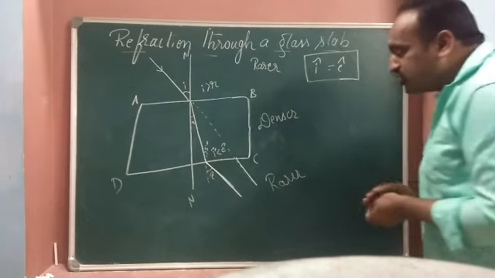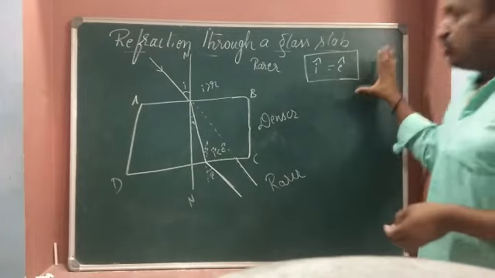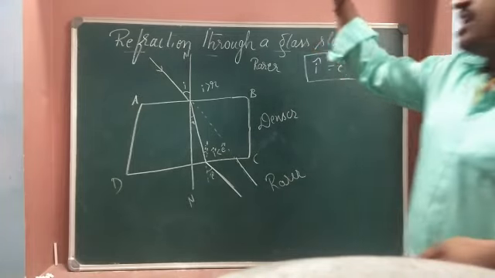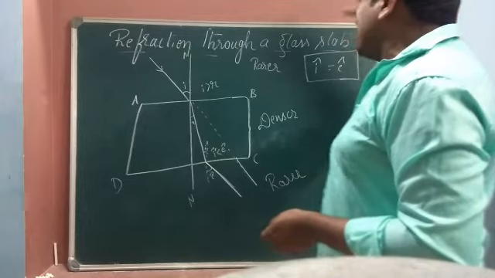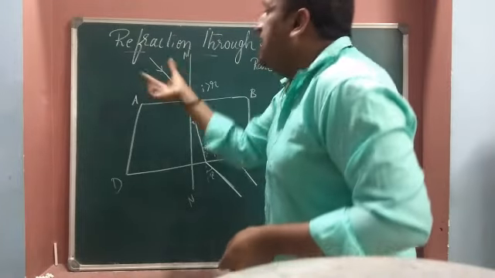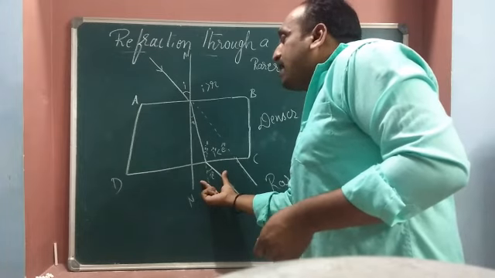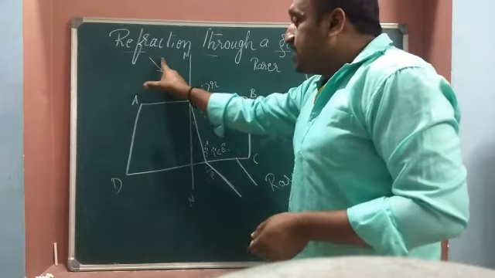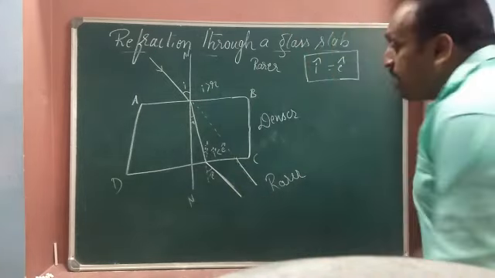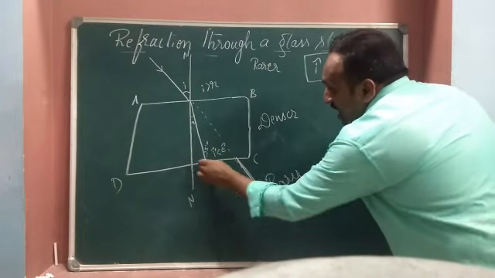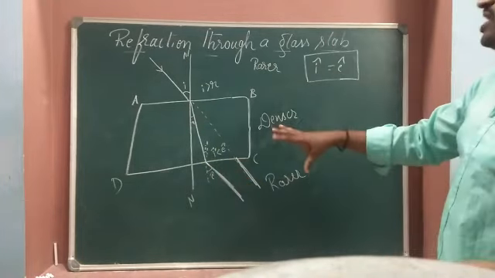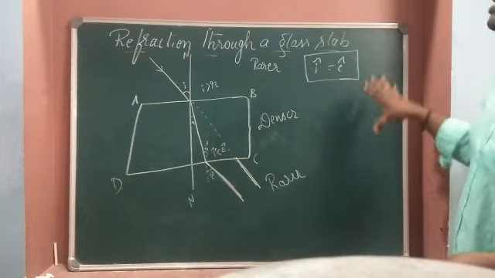Very important, students. Please make a note on this one. When the ray of light is passing through a rectangular glass slab, the angle of incidence is equal to the angle of emergence. So the incident ray and the emergent ray both will move parallel as it is moving out of the glass slab.